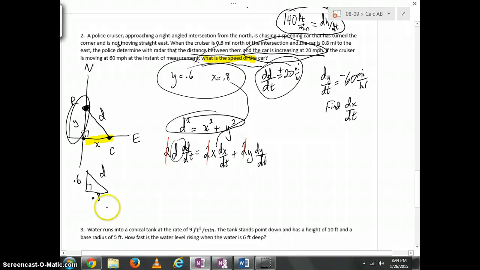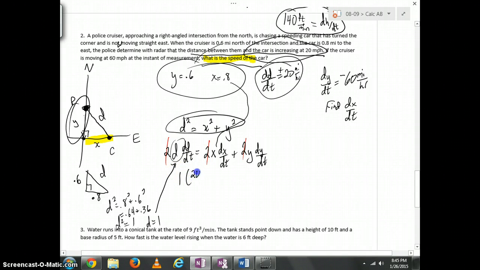And it's not hard to do. We can say d squared is equal to 0.8 squared plus 0.6 squared. Here's 0.64 plus 0.36. That adds up to 1. And then take a square root, you'd get d is equal to 1. So I'm going to plug in a 1 for my d.